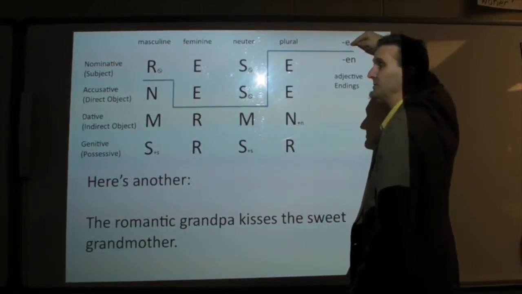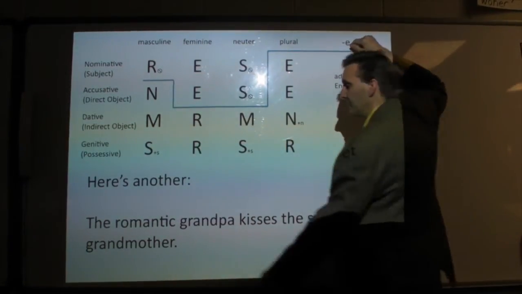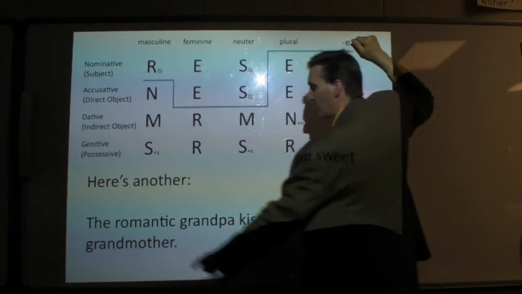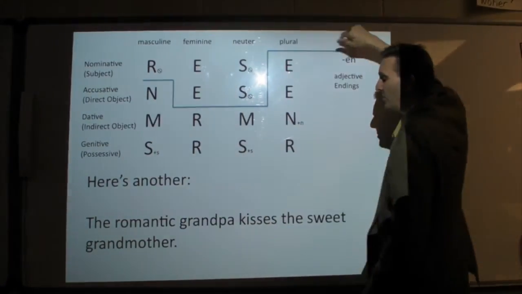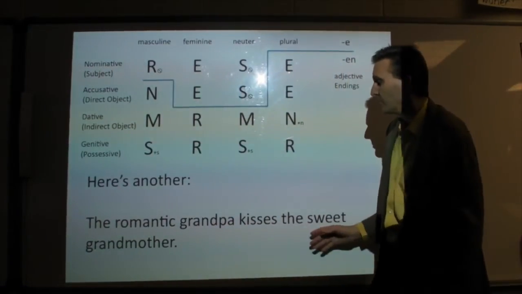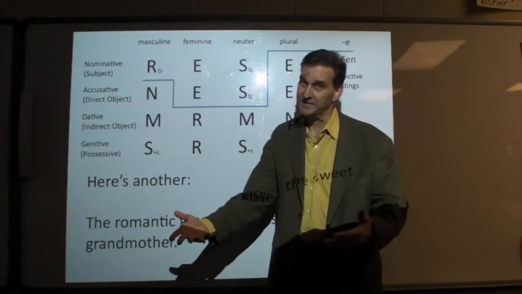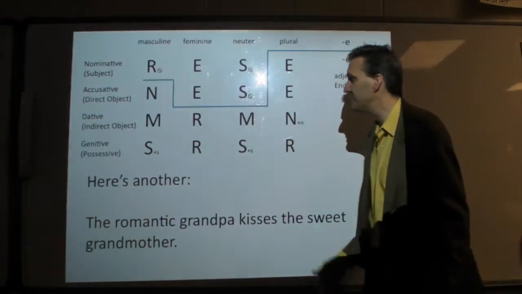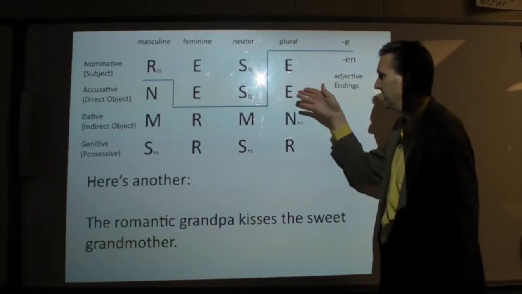Above the line, so we need this E ending. Der romantische. Right there. Der romantische Großvater or Opa. Okay, küsst. Now, grandmother is functioning as the direct object. She's what's being kissed.